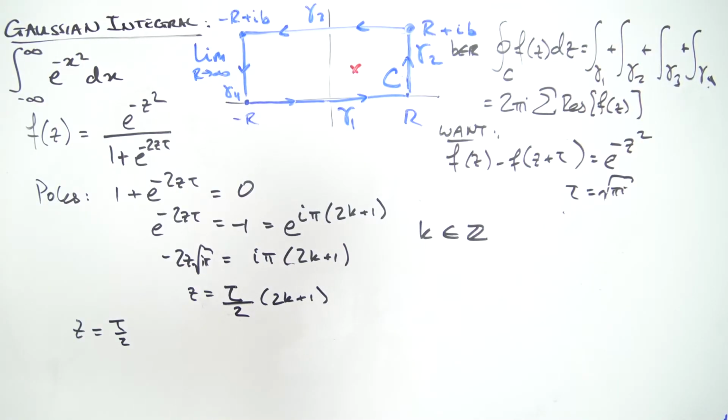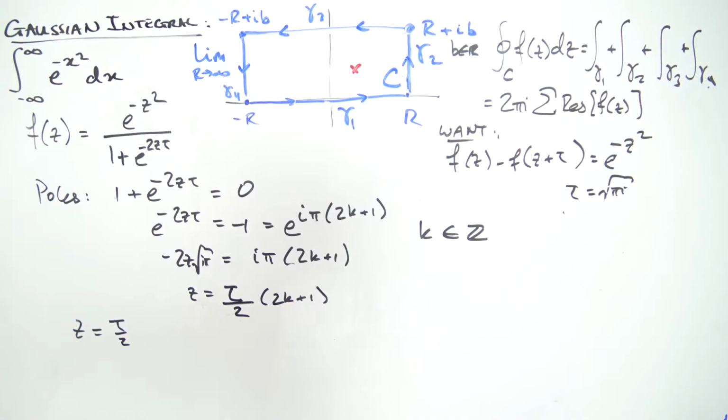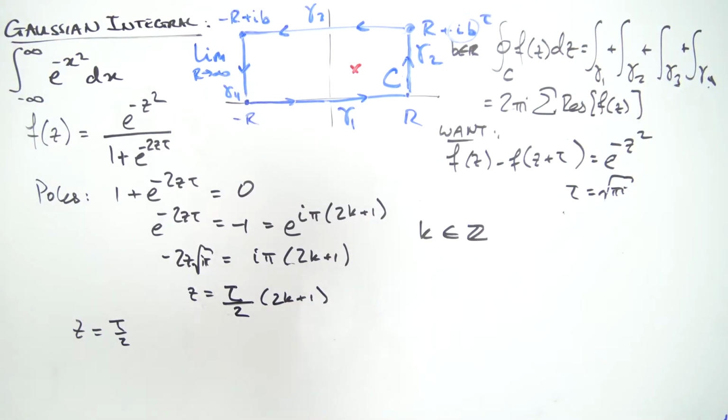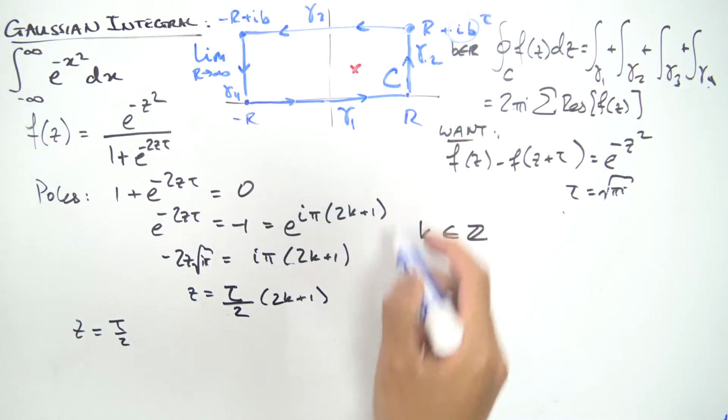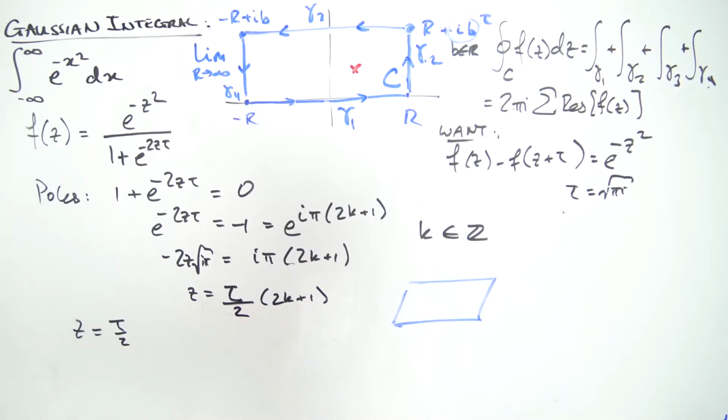The reason why is because if you look on our contour, I should have probably explained this earlier, but we have r plus I times b, and remember we renamed I times b as being tau. So in fact, since tau isn't purely imaginary, our rectangle is technically kind of like a parallelogram like so, but that doesn't really matter.